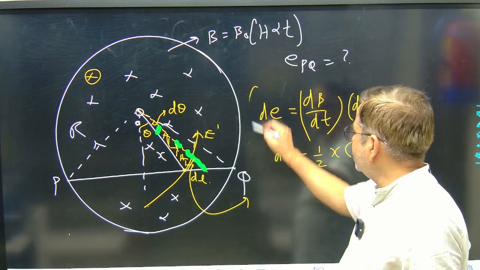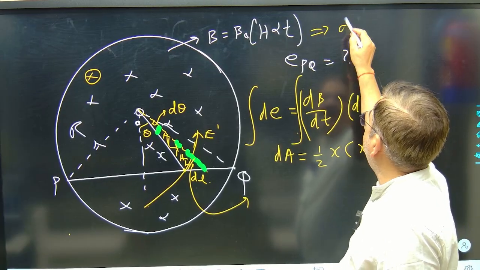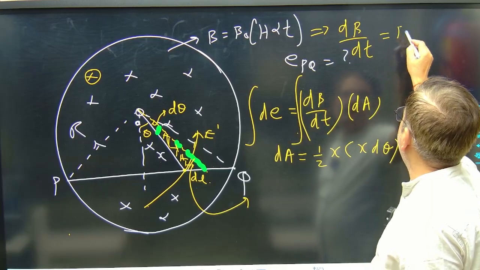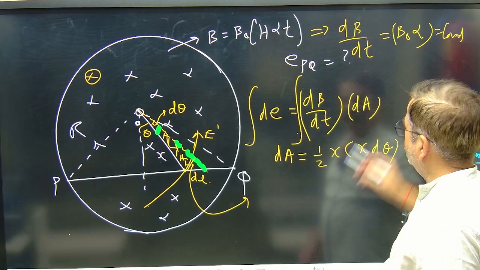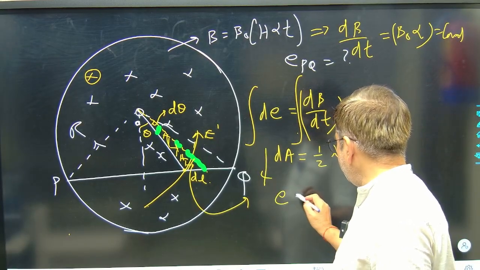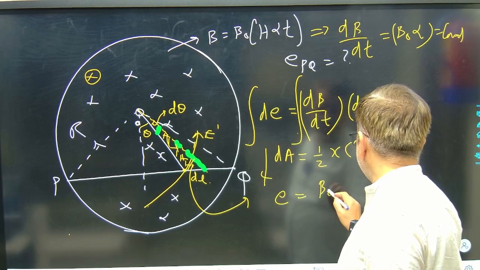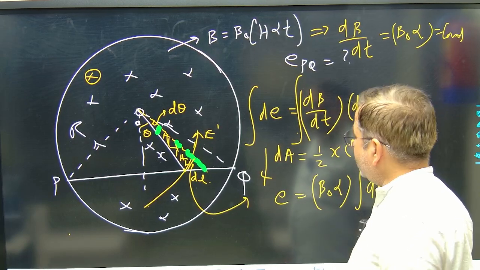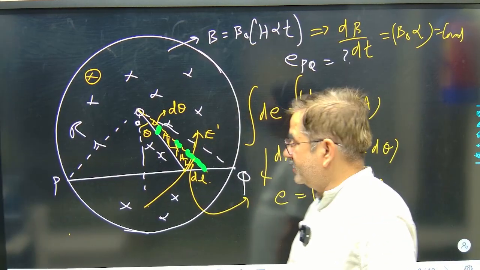If I integrate this term, what do I find here? dB by dt is remaining constant, it is B naught into alpha, and this value is constant. So from here I can see the total EMF E will be equal to d by dt, which is B naught alpha, and the integration of dA, the area bound by the length of the rod with point P, the area of the triangle.